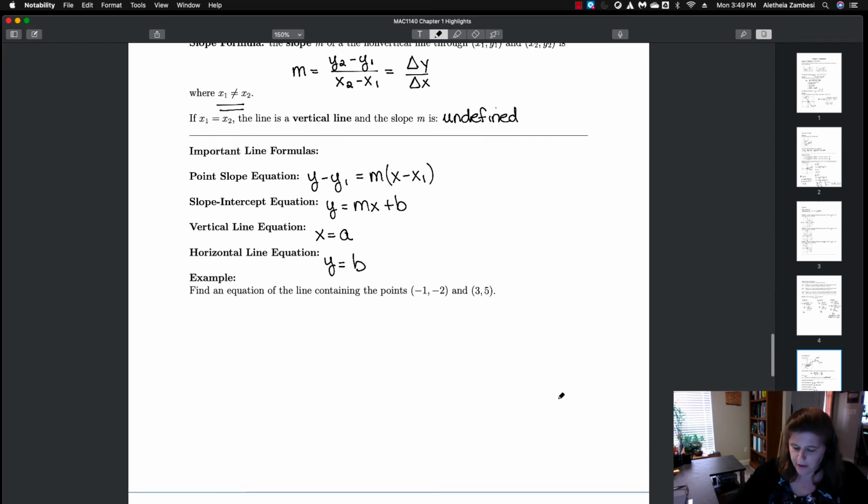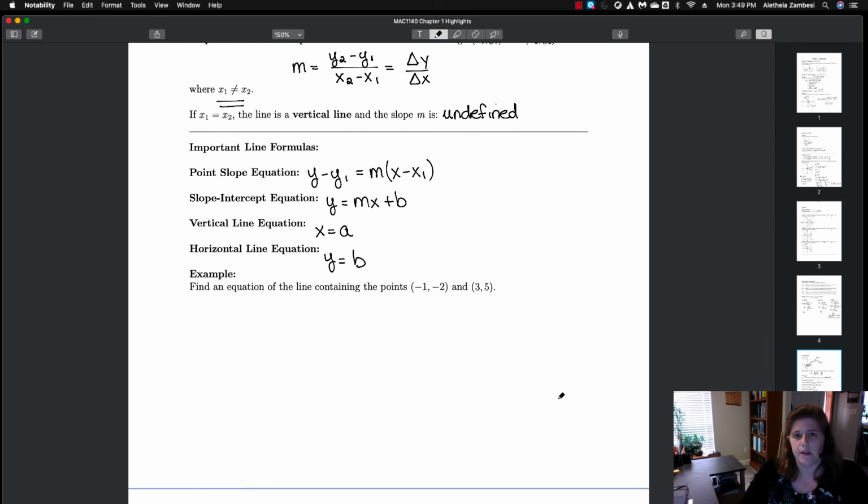If I need to find the equation of a line containing 2 points, it's really 2 steps. First, you have to find the slope, and then you can use one of the line equations to construct the line itself. So if I want to find the slope first, y2 minus y1 over x2 minus x1. So I'm going to label this as point 2.